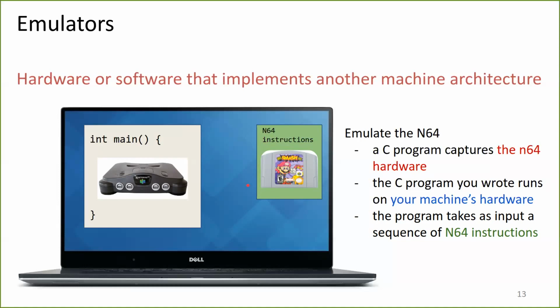This is exactly what you're going to be doing for homework 6, except instead of implementing an N64 emulator, you will implement an emulator for a different hardware architecture called the universal machine that we refer to as the UM. Your C program will emulate a universal machine, and it will take a sequence of instructions for the universal machine as input in a file.